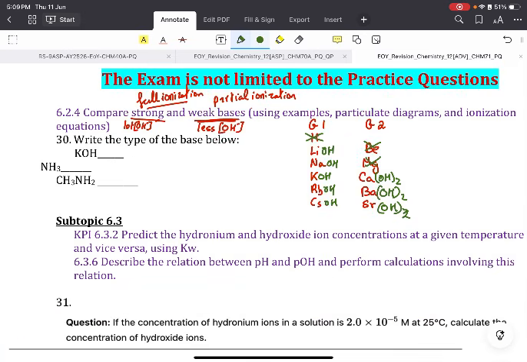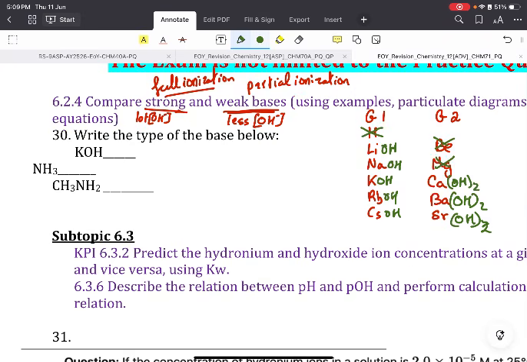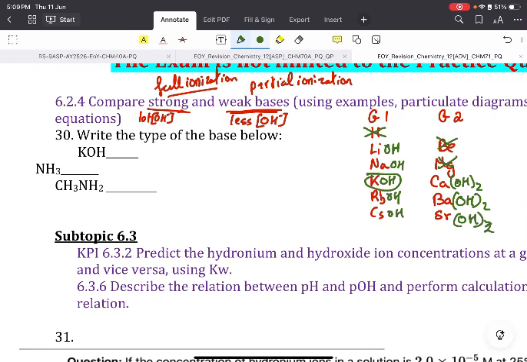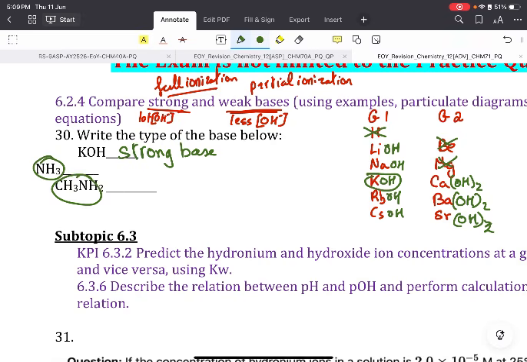So whatever is given to you, if you know this list, then you will be able to categorize them as a strong or weak base. KOH, here's KOH, that's a strong base. NH3 and CH3NH2 are not in this list, so both of them are weak bases.